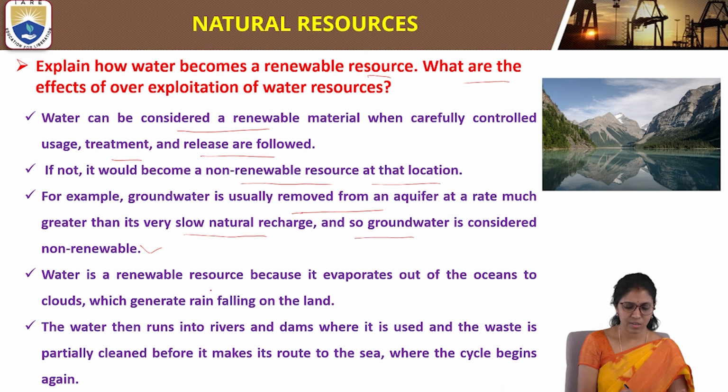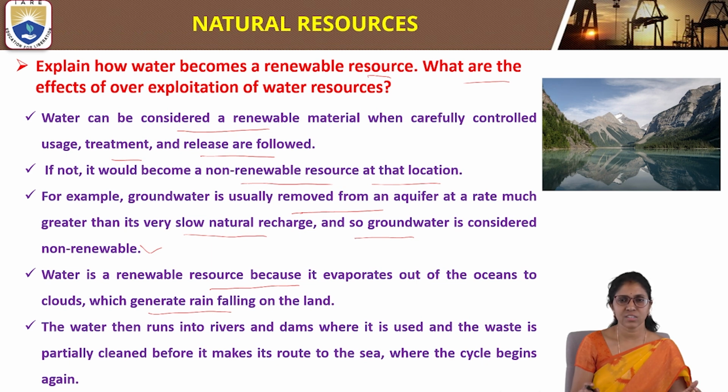Water is a renewable resource because it evaporates out of the oceans into clouds, which generate rain falling on the land. So this is a cycle. This is the water cycle. Water is renewable because it is evaporated from the oceans and lakes and converted into clouds.